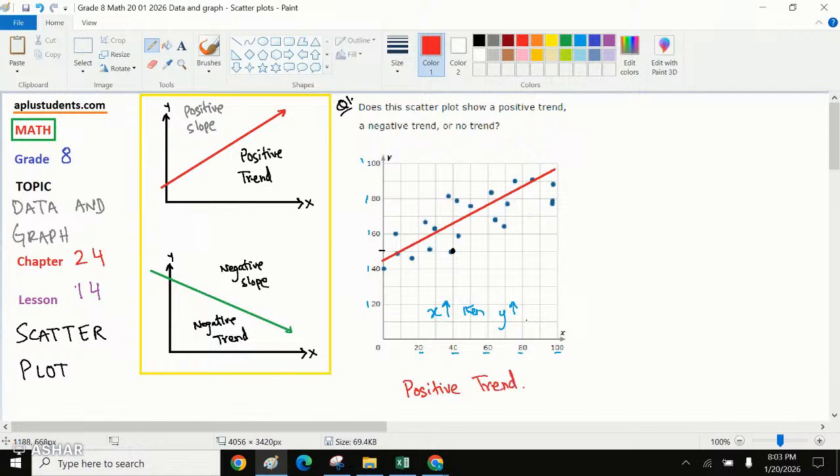We just need to define whether it's a positive trend, a negative trend, or no trend. When the question comes for no trend, then I'll explain it to you. Do we agree till here, Job? Very simple questions, right? We draw a line known as a line of best fit and we see whatever the trend is, whether it's a positive slope or a negative slope.